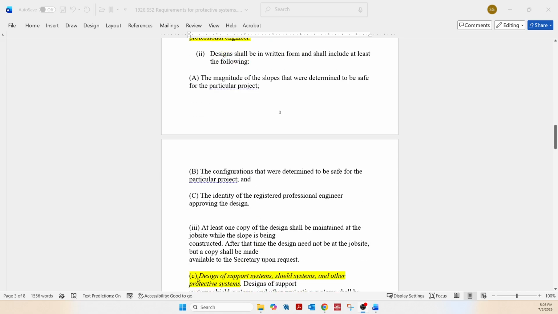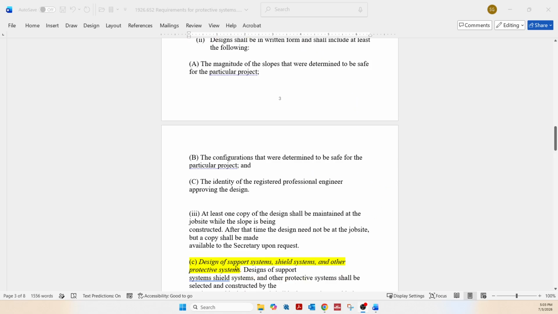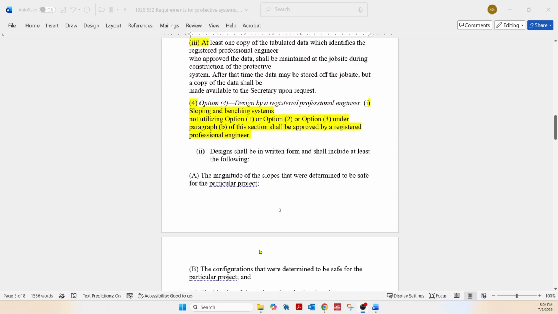There it is. And C of that is the design of support systems, shield systems, and other protective systems. So B is about digging the hole and sloping and benching, right? That's actual digging of a hole in the ground. Now C is about the design of things like vertical hydraulic aluminum shoring, or a trench shield. So those are the first two things we get knocked out.